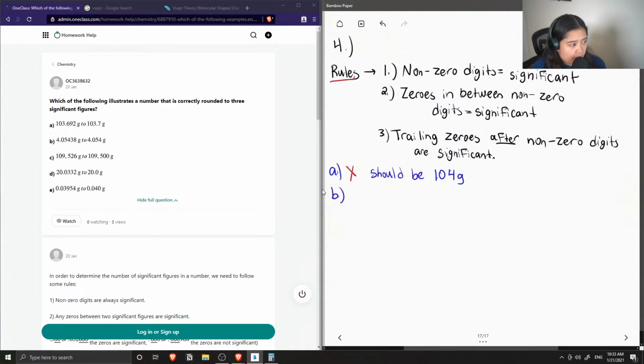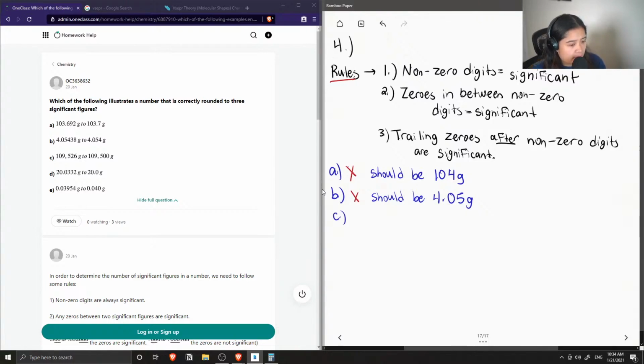Okay, so now let's look at B. They also rounded to 4 significant figures. So 4.05438 grams rounded to 3 significant figures should only be 4.05 grams.